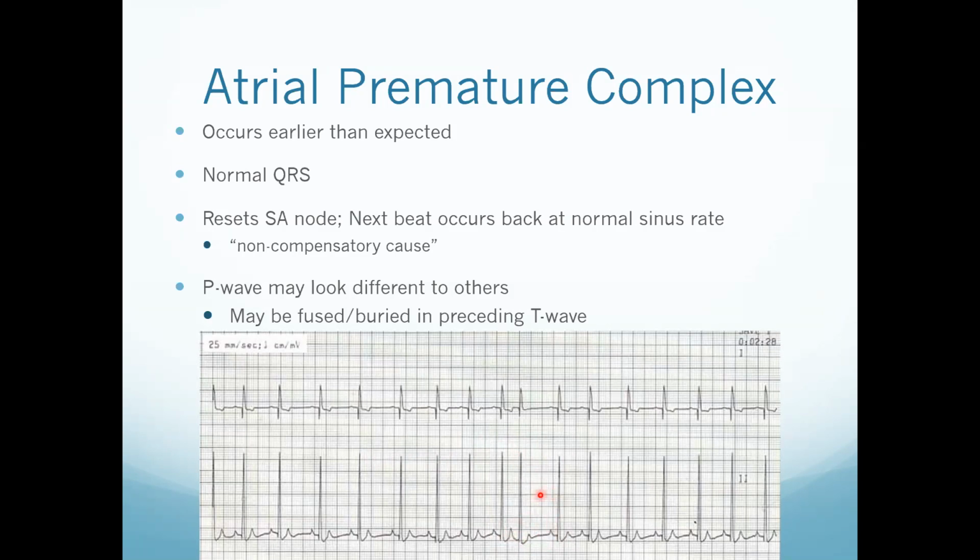So it starts, you know, at whatever rate this is, about 130 beats per minute, that number of milliseconds after that preceding beat. Whereas if this was a VPC, then this would be a much longer pause. And the gap here would be more than twice this R to R interval.